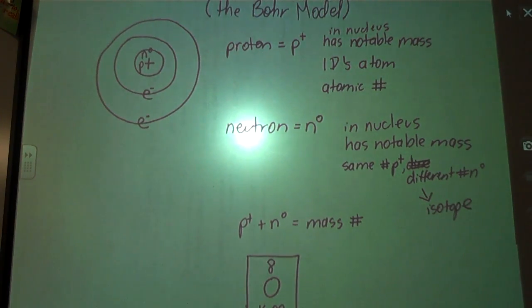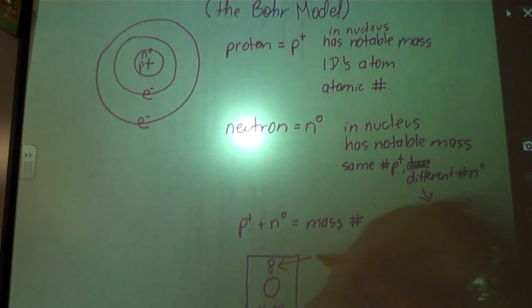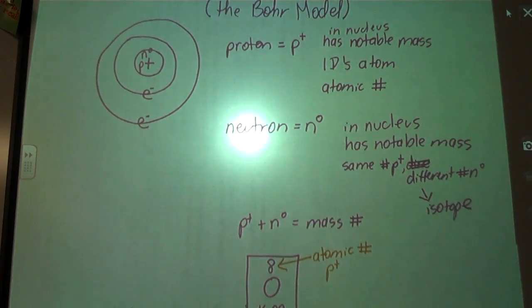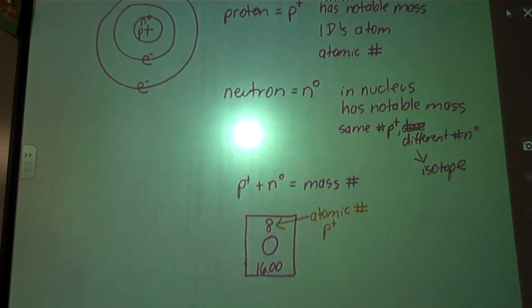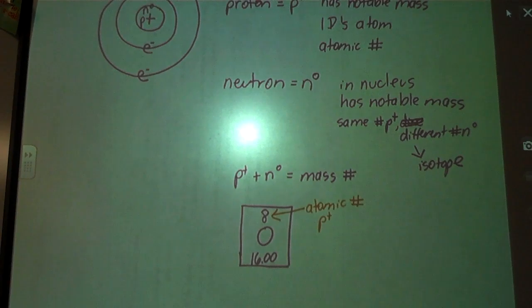So, this top number here, this is your atomic number, and your atomic number is also your number of protons. So oxygen has 8 protons. I don't care if it's an oxygen isotope, if it's an oxygen ion, does not matter. If you are talking about the element oxygen in any form, it has 8 protons.